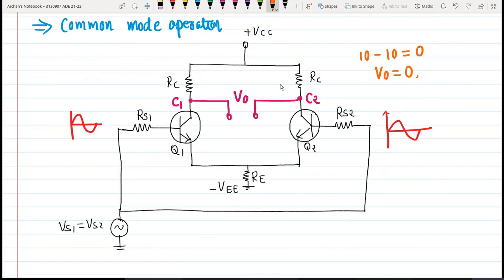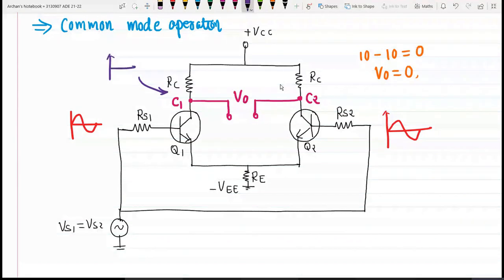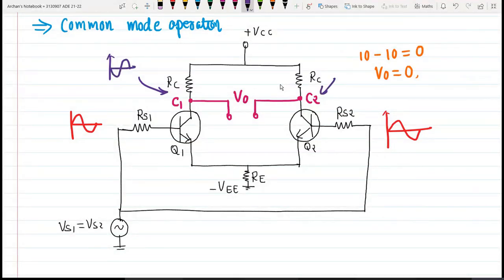So here at C1 what we are getting is definitely a negative going signal, and at C2 we will get the same negatively going signal, because this is what is available at the base of Q1 and Q2.